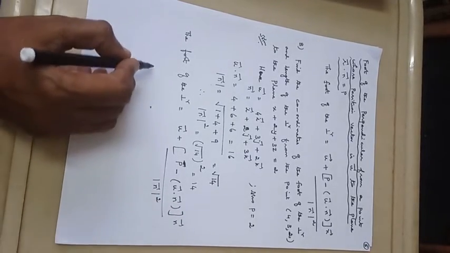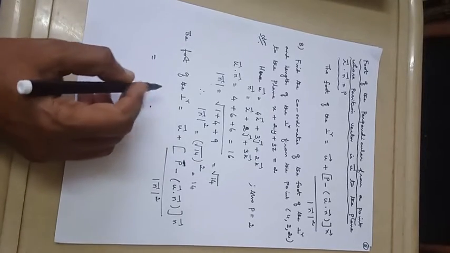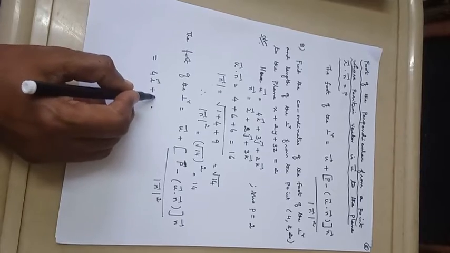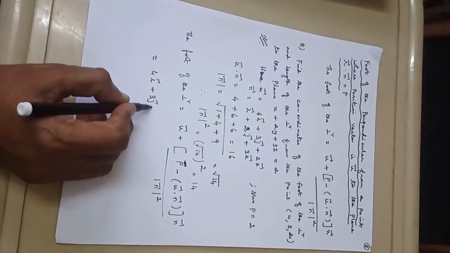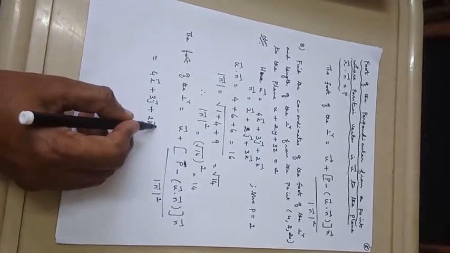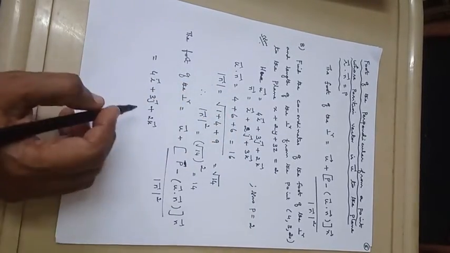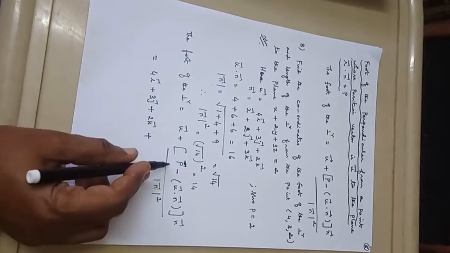So now let us substitute your u vector. What is your u vector? 4i plus 3j plus 2k. This is your u vector. 4i plus 3j plus 2k plus p. What is your p? 2.